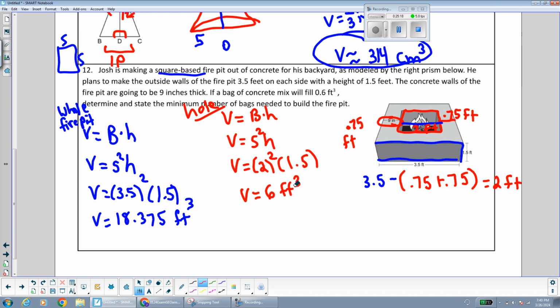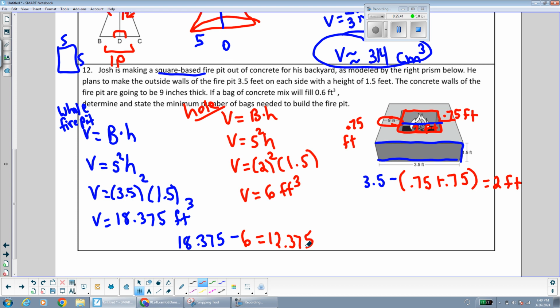So now we can subtract the entire fire pit minus the empty space inside for the fire, and that's going to give us just the walls that need to be concreted, which is 12.375.